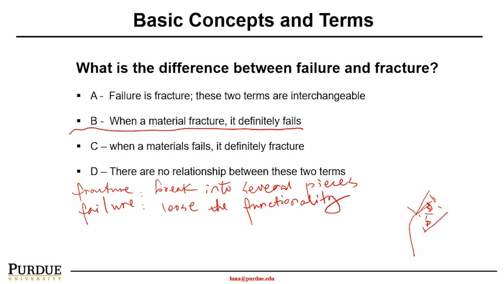Therefore, the stop sign will lose its functionality as a stop sign, but the material still stays in one piece. So in this case, we call it failure. It's not fracture. If the stop sign breaks into a couple of pieces, that's what we call fracture.